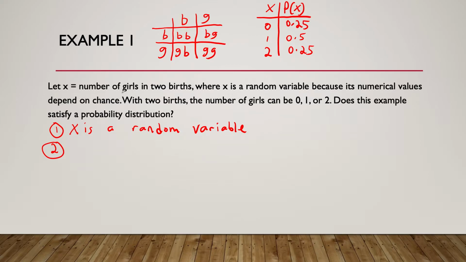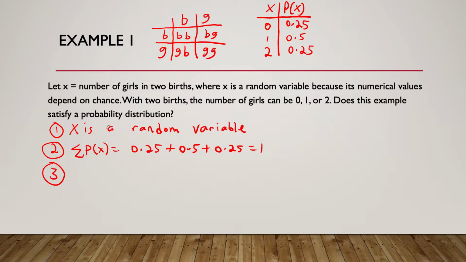The second one is that if we add up all of these probabilities, so 0.25 plus 0.5 plus 0.25, we get a value of 1, which is what we want.